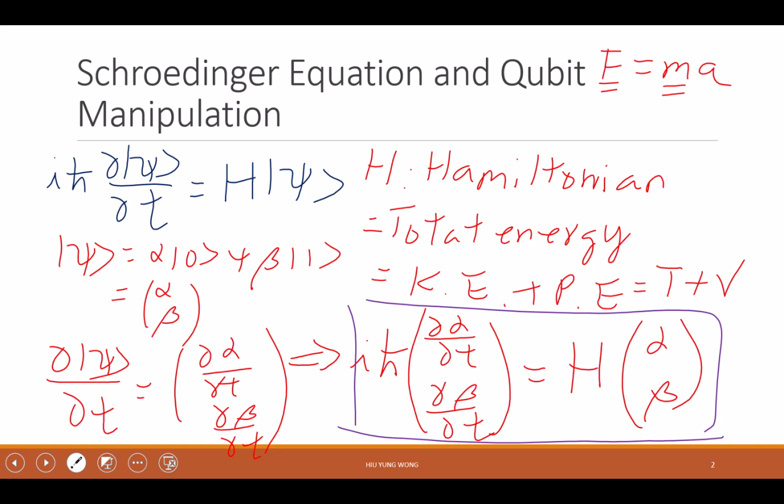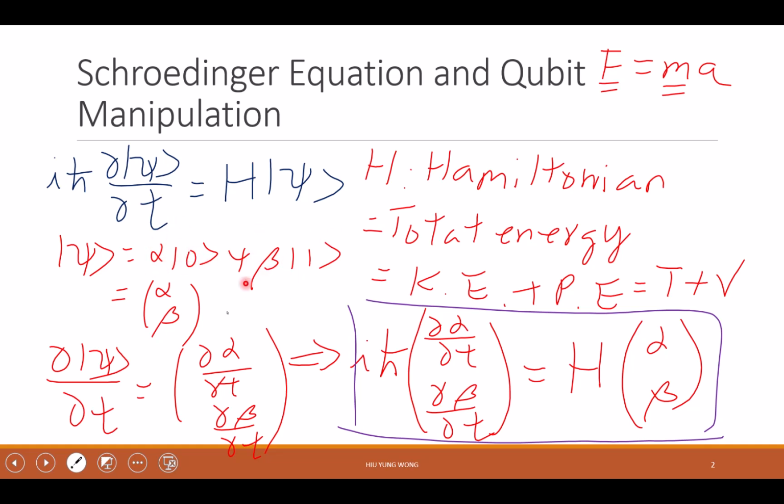So what is left is that if we trust this equation, you just trust it, don't question it, then how do we use it? Now the psi, which is a wave function in the ket form. If it is 1 qubit, in a general representation it is alpha 0 plus beta 1.